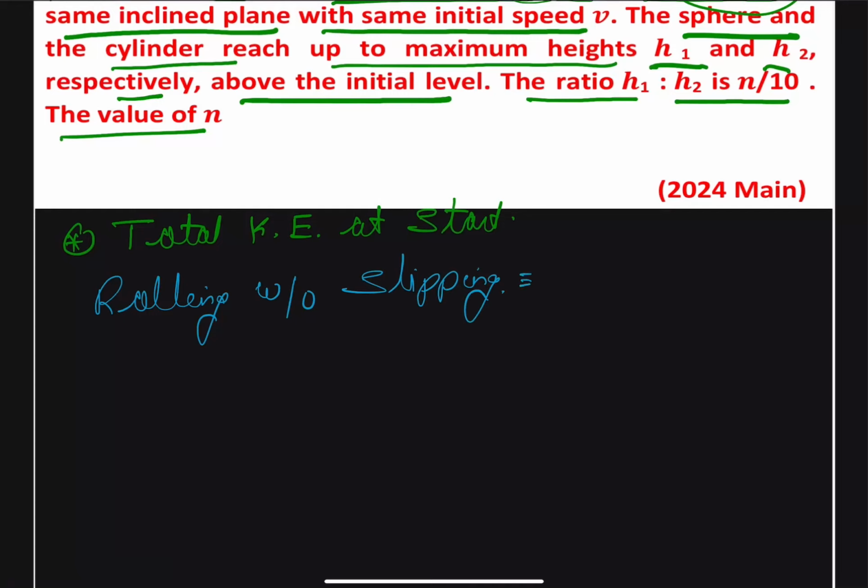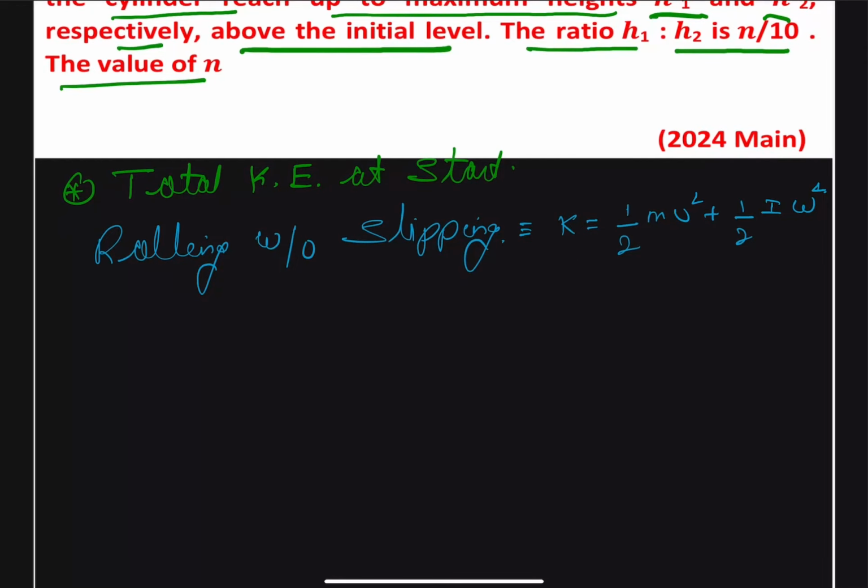So therefore we can write total energy K is equal to half m v square plus half I omega square. And we can write that omega is equal to v upon r, and our I will be equal to km multiplied by r square.